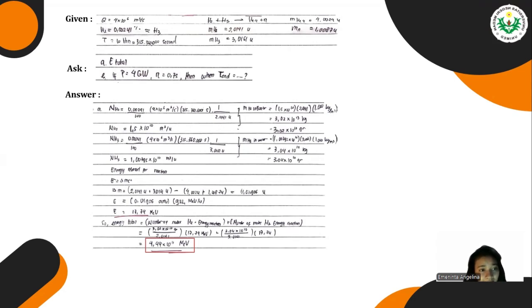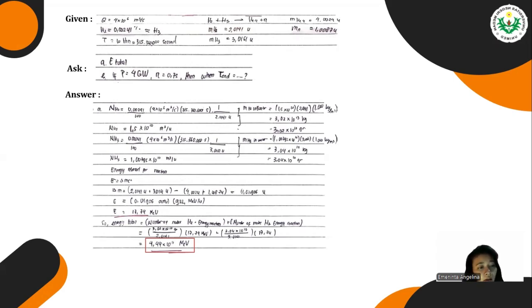The reaction is H2 plus H3 making He4 plus N, where the mass of H2 is equal to 2.0141 U. Mass of H3 is equal to 3.0161 U, mass of He4 is equal to 4.0024 U, and mass of N is equal to 1.0087 U. We ask for A, the total energy, and B, the time.